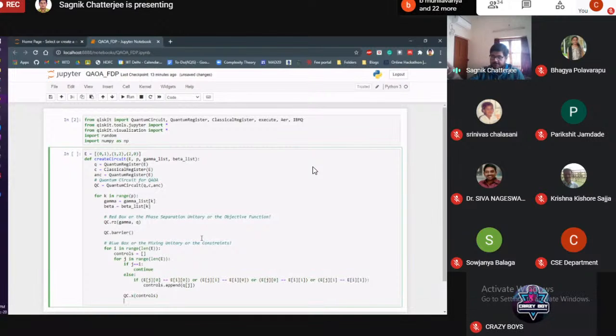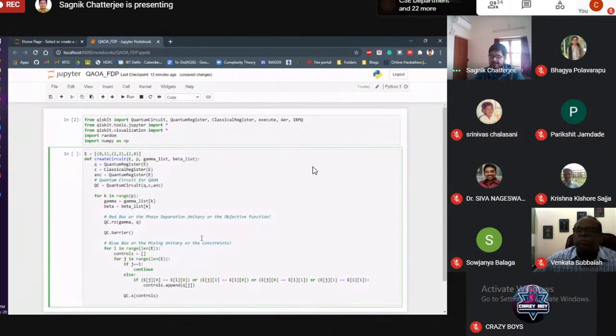And if they are not present in the matching, then we turn them into 1. The entire algorithm is: if all my controls are not present in the matching, so they'll all be 1, then I will be able to evaluate whether every control is not present in the matching. If and only if none of the adjacent edges are in the matching, then I can include the ith qubit, or the ith edge, in the matching.